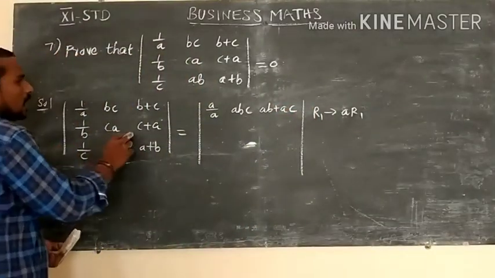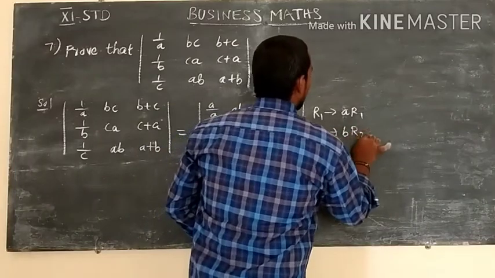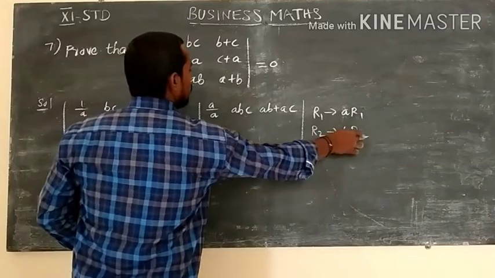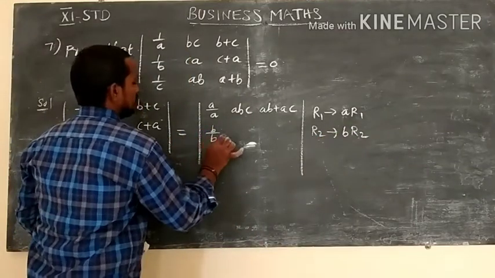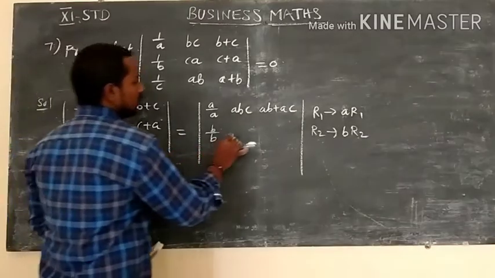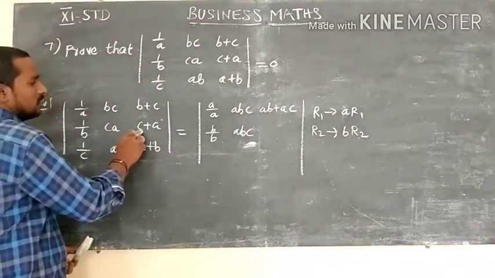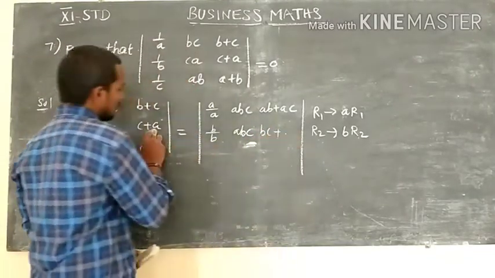Then R2 multiplying by b into R2. R2 changes to b into R2. Okay. B into R2 is b by b, then abc. Okay. Then b into c, bc plus ab.